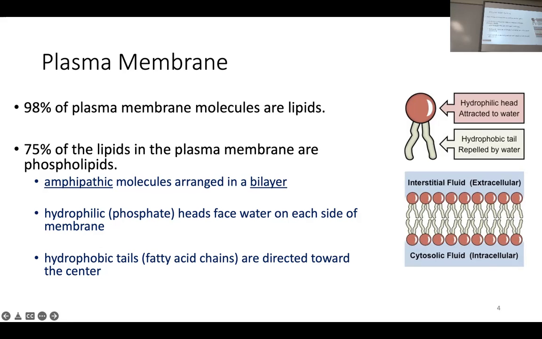If this is a plasma membrane, this would be outside the cell, and this would be inside the cell down here. The hydrophilic heads are sticking out towards the fluid, which is mostly water. The hydrophobic tails are scared of water, so they're facing each other and not interacting with the water. So tails are facing inward, heads are outward. That's the basic setup of most of the plasma membrane.